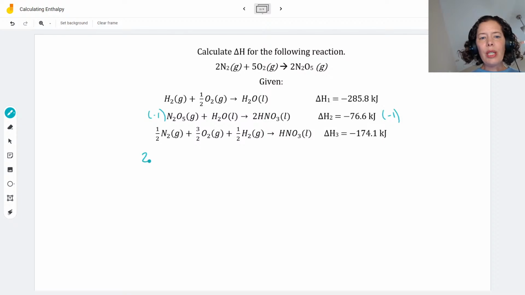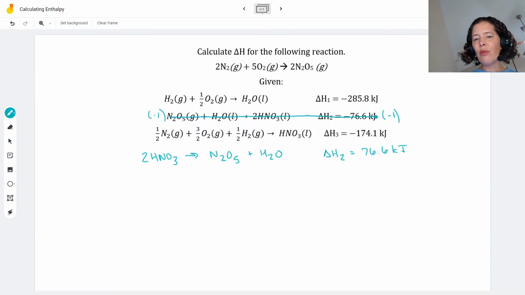So this becomes 2 nitric acid going to N2O5 plus water, and my delta H2, this is just a sign change, is 76.6 kilojoules. And again, I am going to cross through this one right here so that I don't accidentally throw those reactants and products in.